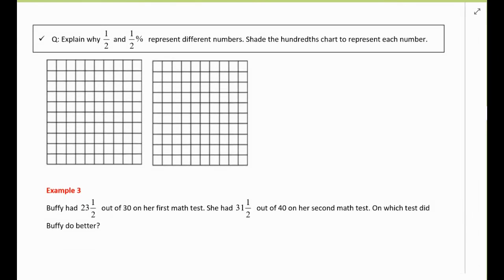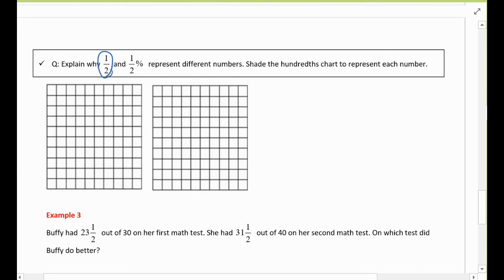Question: why do 1 over 2 and 1 over 2% represent different numbers? Shade the hundredths chart to represent each number. So I want you to pause the video and think about why they are different. Okay, did you guys have a chance to think about it? So 1 over 2, everyone, is basically 1 out of 2. So this is half. 1 out of 2 is the same as 50 out of 100.